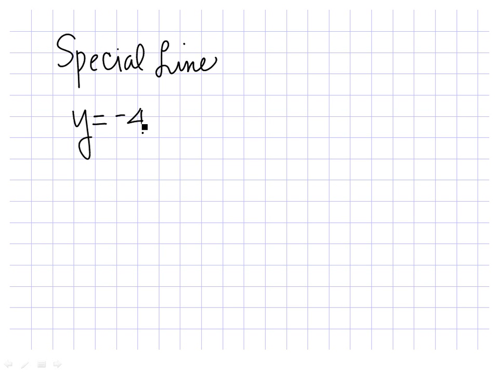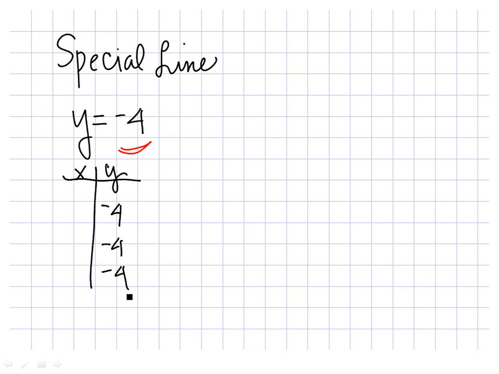I actually like using the t-table here, so let's do it. Now, what does y equal? That sounds like a silly question. What does y equal? It equals negative 4. So under y, I can only put negative 4 because that's what y equals.